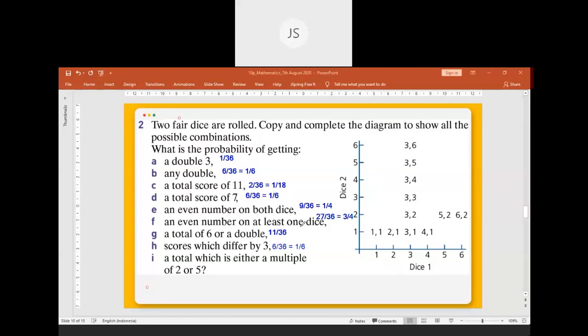Let us try to count. 1,1 is a multiple of 2. Yeah, 3,1, right? And then 4,1. 5,1. And then 2,2. 3,2. 4,2. 6,2. After that 3,1 also okay. 2,3 also fine. 3,3 okay. And then 5,3 we take it.